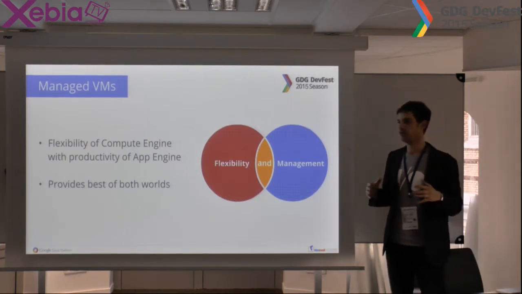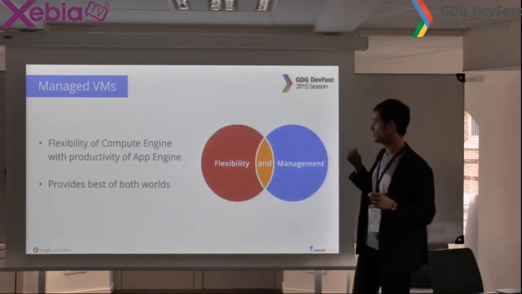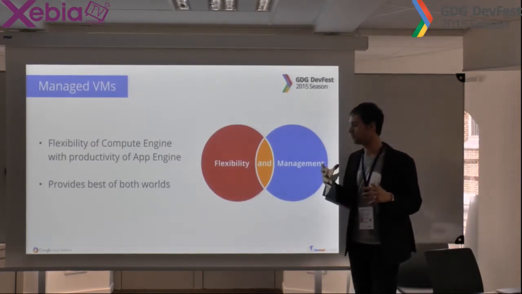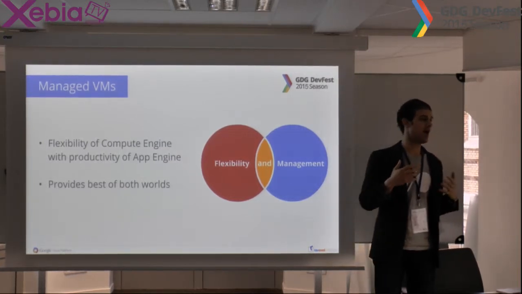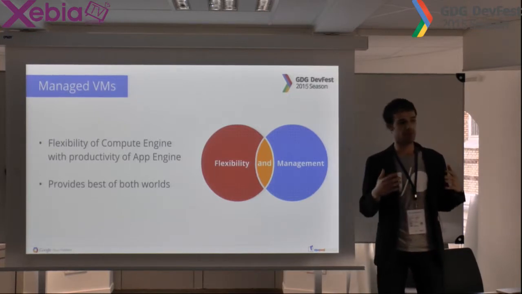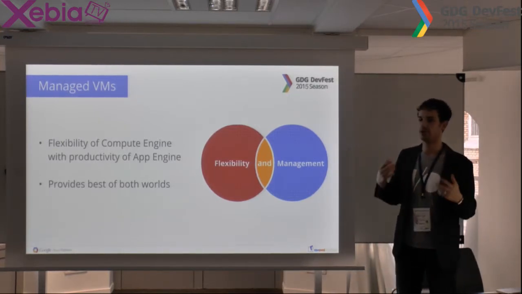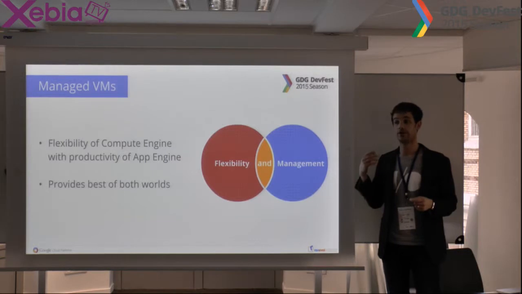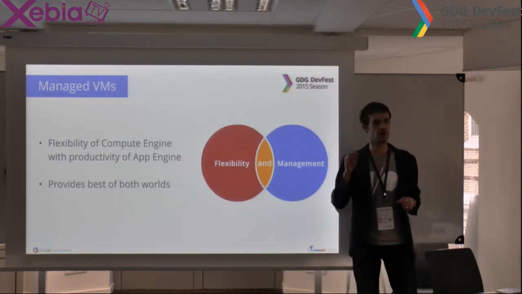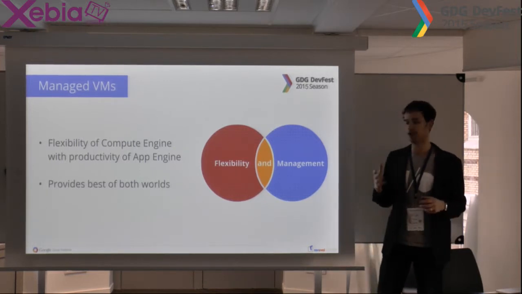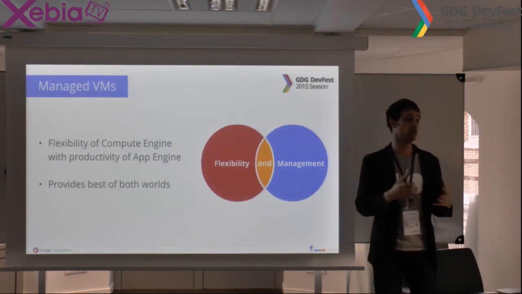Thanks to that service, you can have all the features that are available today in every Google AppEngine application, so every kind of API, every kind of service to store the data, etc. But you can run your particular instance in a machine that is hosted by Google Compute Engine.